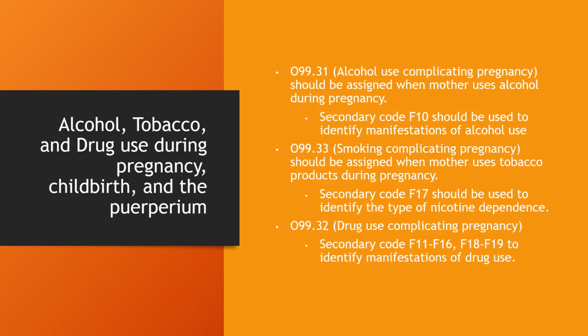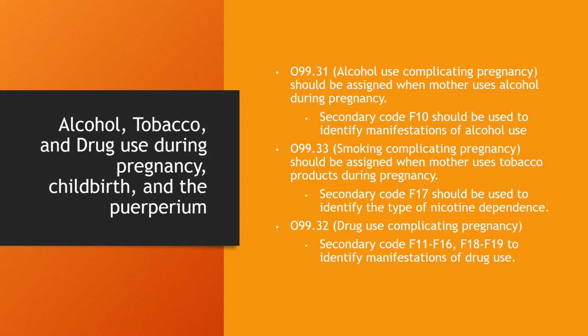Chapter 15 also contains codes regarding alcohol, tobacco, and drug use during pregnancy. Code O99.31 indicates alcohol use complicating pregnancy. If this is assigned, then secondary code F10 should be used to identify the manifestations of alcohol use.